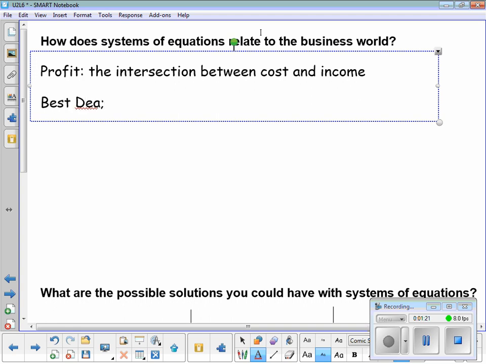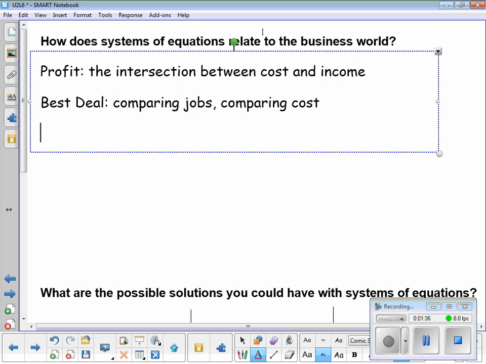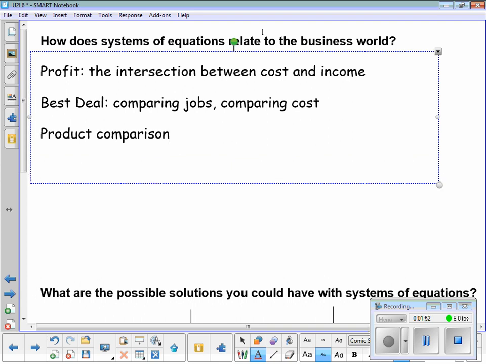Best deal is actually like what we just did with our first example, and it's comparing things. If I'm comparing jobs, if I'm comparing cost. Another thing would be if I'm comparing product comparisons. How much does this product cost to create compared to another product?